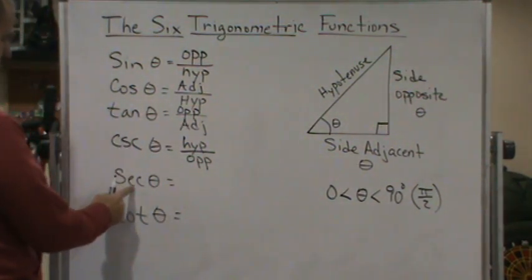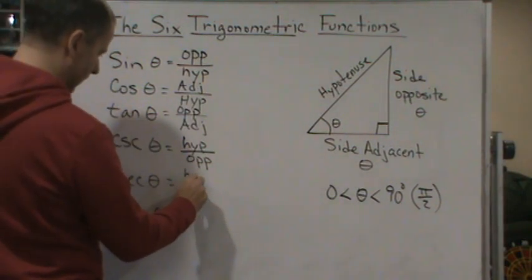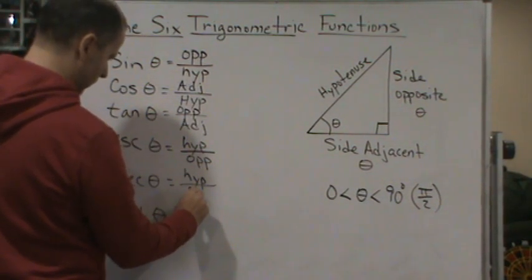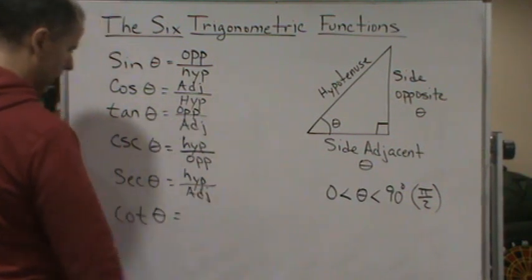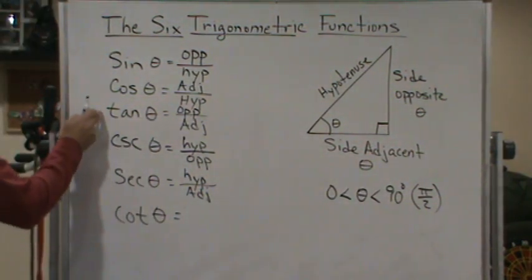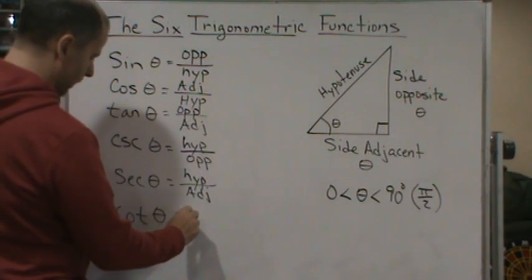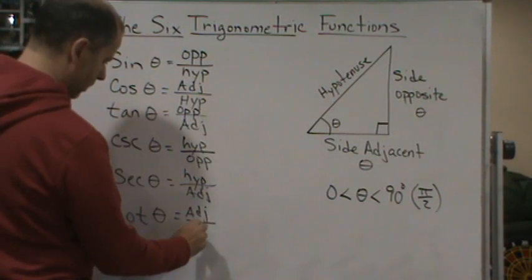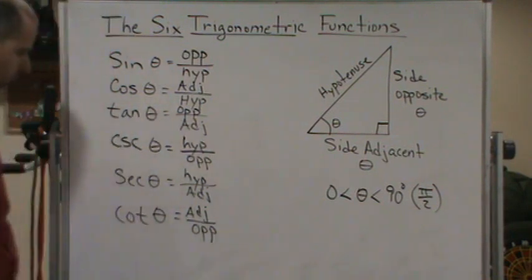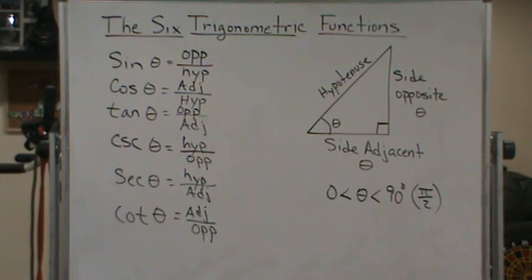Secant is the reciprocal of cosine, so that's going to be hypotenuse over adjacent. And then cotangent is the reciprocal of tangent, so it's going to be adjacent over opposite. And that's how we define the 6 trigonometric functions based on the right triangle.